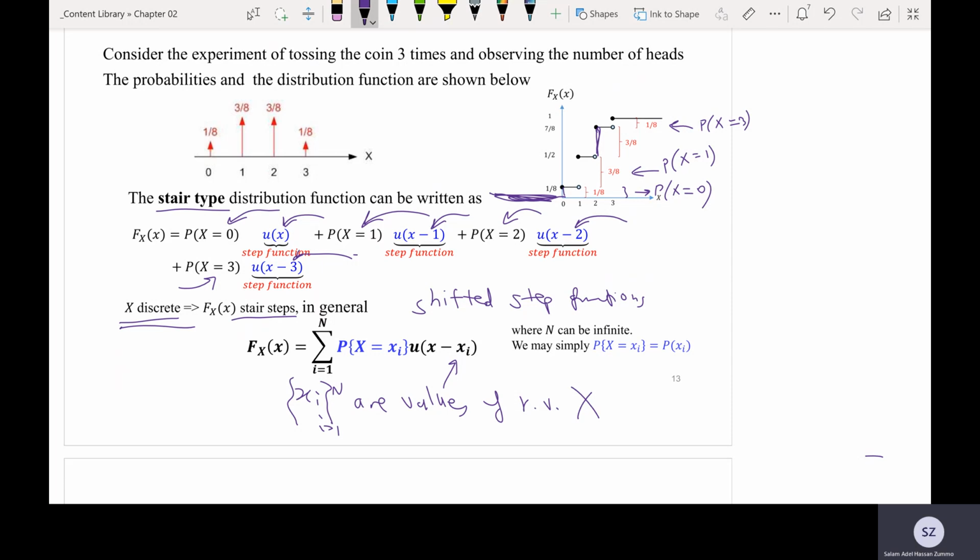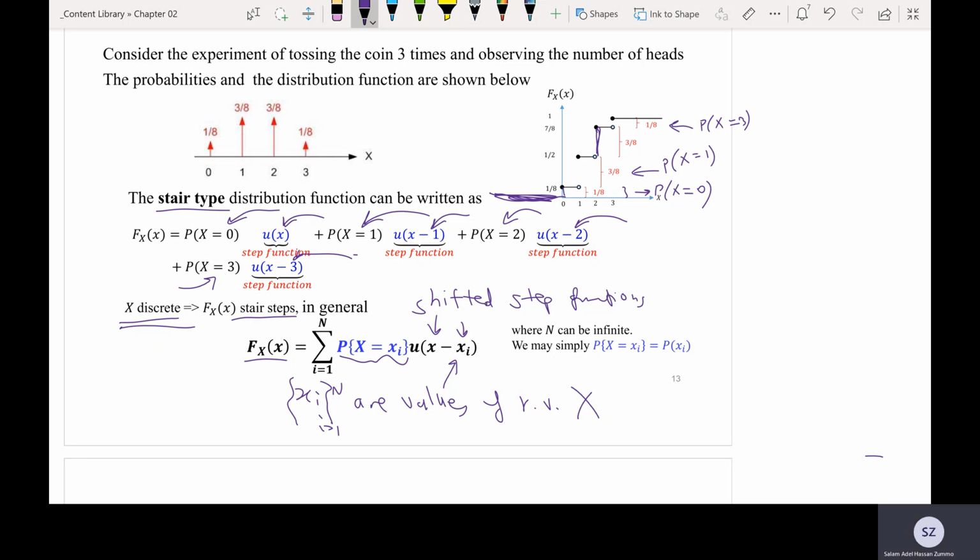So basically, f(x) of x will be a summation of shifted step functions. Where is the shift? At the values that x takes, and the amplitude of every shift equals the probability that x equals that value: x equals 0 or 1 or 2 or 3 in this particular example. In general, for different x's, it is the probability that x equals xi multiplied by its step function shifted at xi.